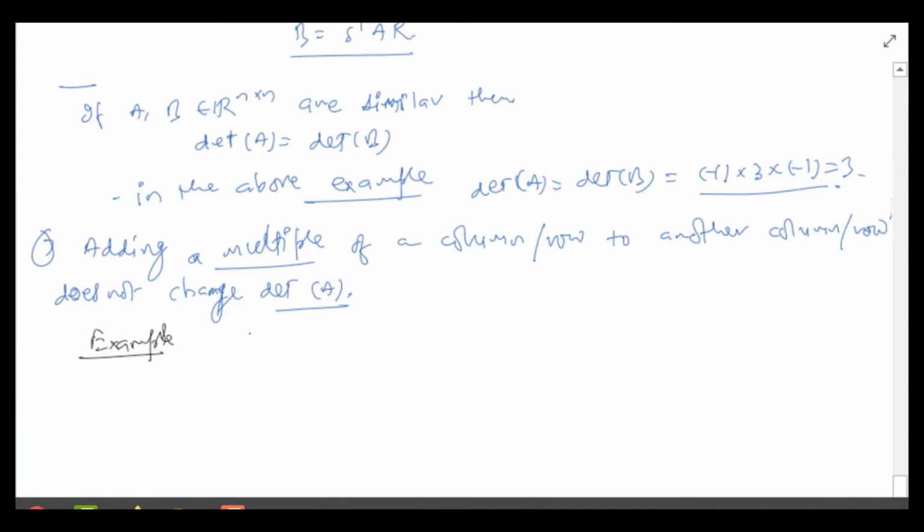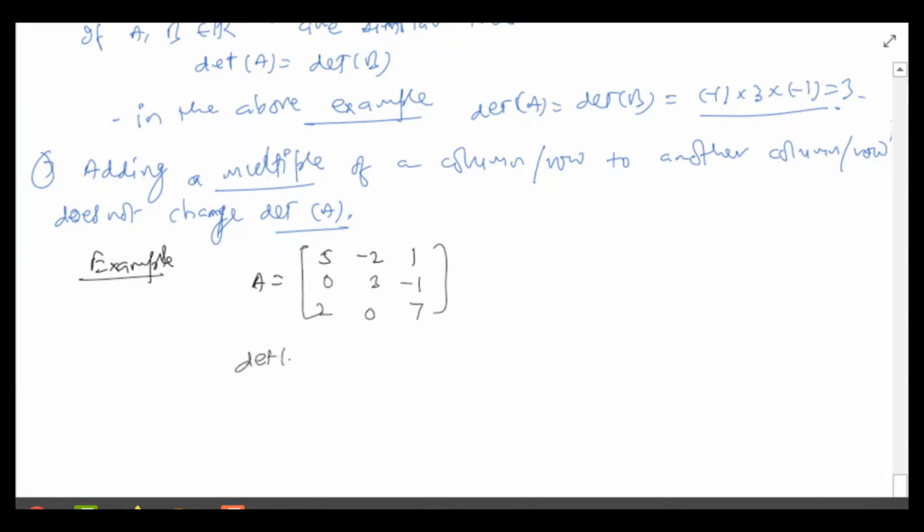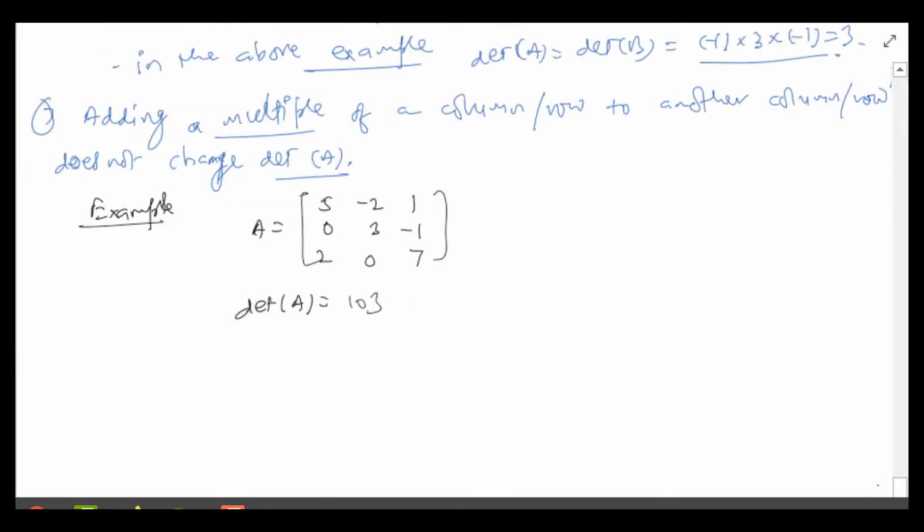Example. Let's consider A equals 5, minus 2, 1, 0, 3, minus 1, 2, 0, 7. It can be easily checked that determinant of A in this case is 103. Now if we multiply the last column by 2 and add the resulting vector to the first column, we get another matrix.